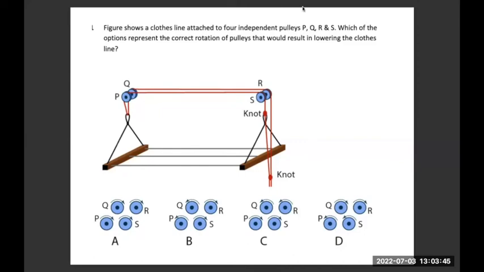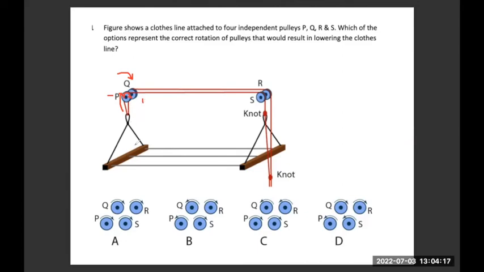Clockwise, which means it will have to move on this side. Which means P pulley will have to move like this. ऐसा बोल रहे हो? The pulley P, I'm saying. If this pulley rotates on this side, which means ये वाला thread ऊपर जाएगा, right? ये वाला thread ऊपर जाएगा तो ये वाला thread of course नीचे आएगा, and then it is going up.